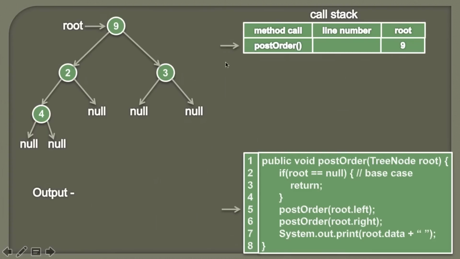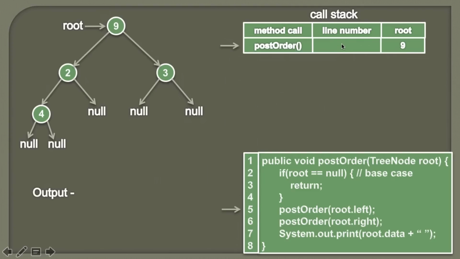So here you can see when we had called this post order method, there was one method on the call stack, and inside this we are calling this post order method again. So when we call this post order method, we are leaving this post order method. So in order to keep track of this post order method, we will update the line number here.